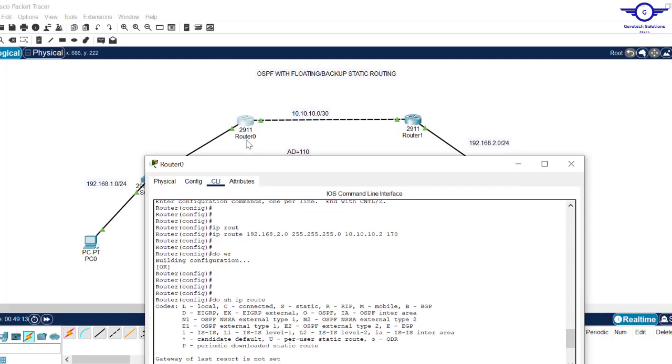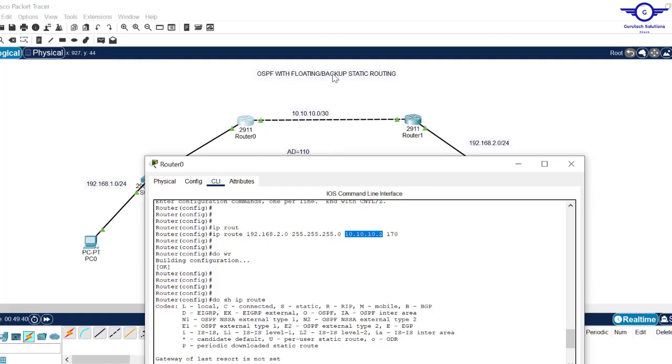We are telling it that if you want to go here, you have to forward data to this IP address. And this IP address is the IP address of this interface. Yeah, this is static routing.